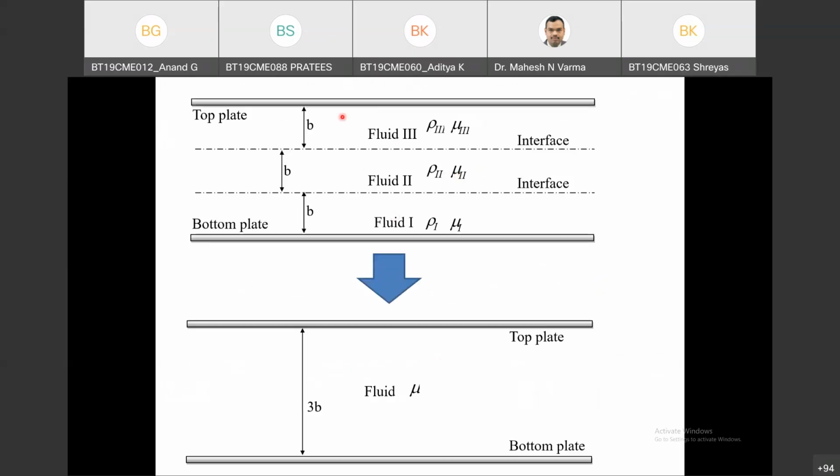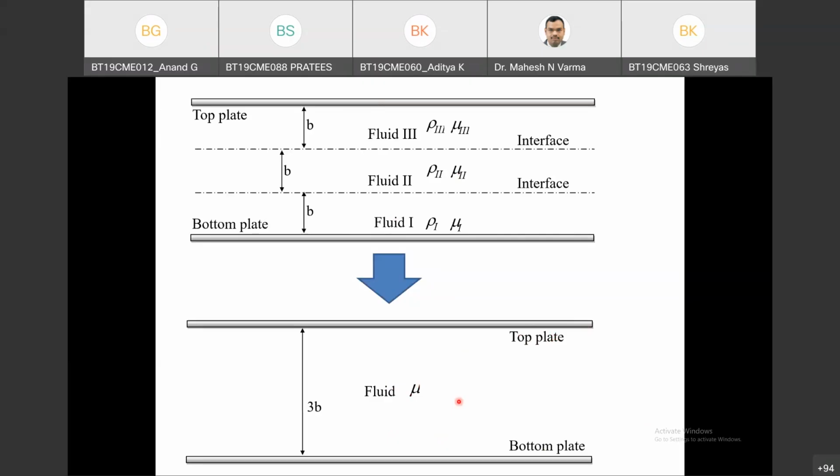So instead of this, you can consider the top fluid, the bottom fluid, and the fluid having a viscosity mu. So there will be three layers. Now you can solve this problem. How many boundary conditions are needed to solve this problem?